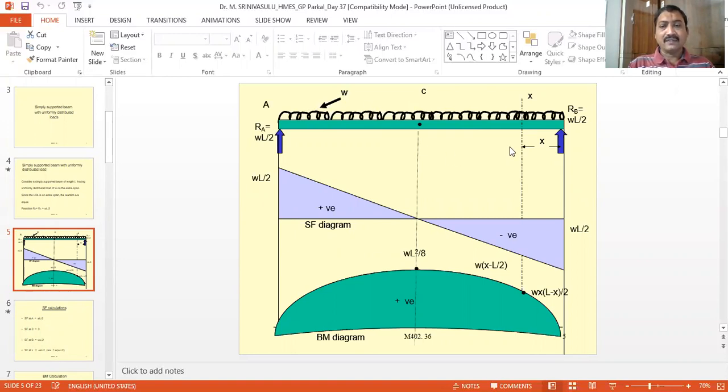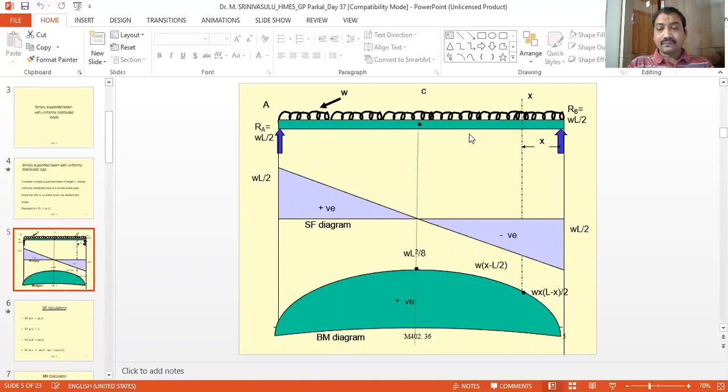This SS beam is supported at the two ends, that is at point A and point B. AB is the SS beam. In case of SS beams, the first step is to find out the support reactions at the ends A and B, that is the support reaction at A, R_A, and the support reaction at B, R_B.